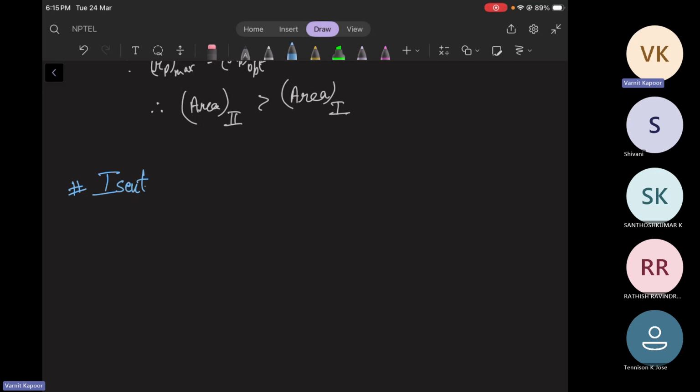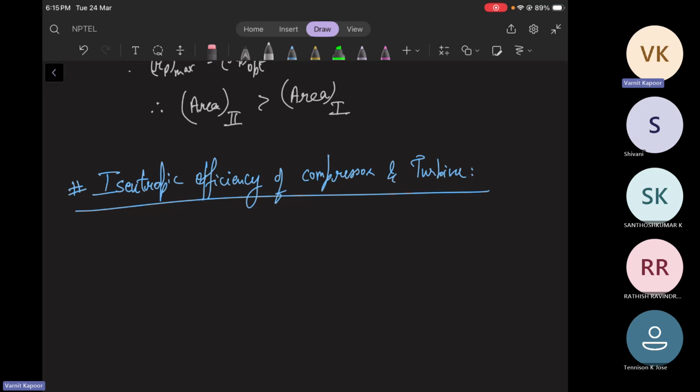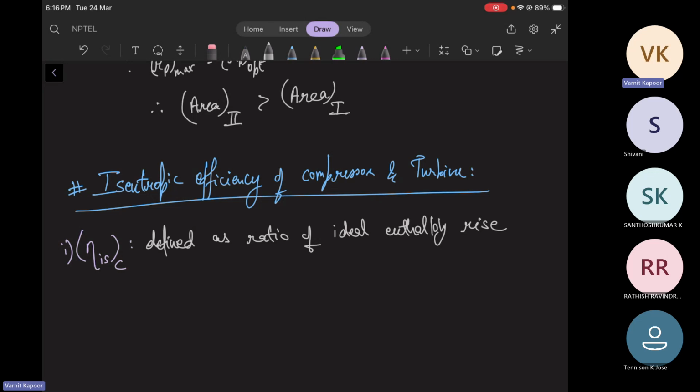The isentropic efficiency of a compressor is defined as the ratio of ideal enthalpy rise to that of actual enthalpy rise.